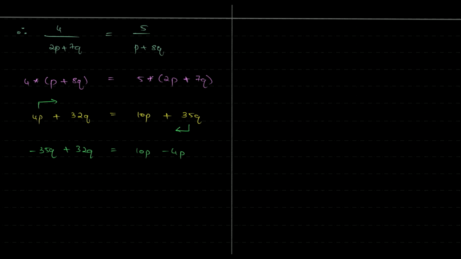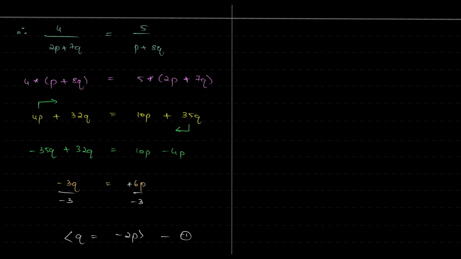Then we have minus 3q is equal to plus 6p. Okay, so we'll divide by minus 3 on both ends. So q happens to be equal to minus 2p. So this is our equation 1.